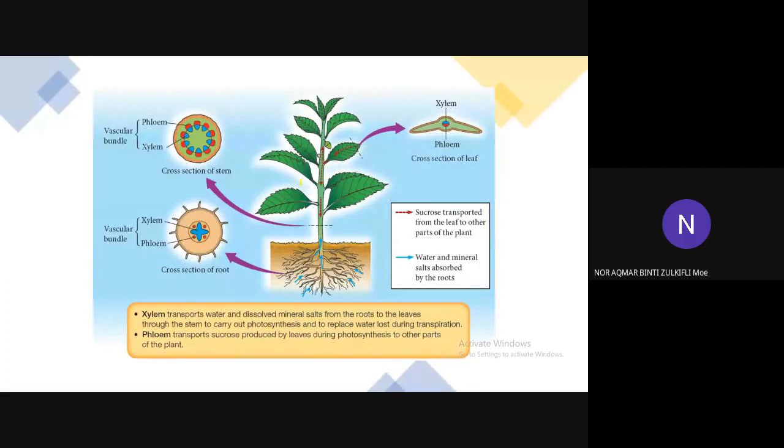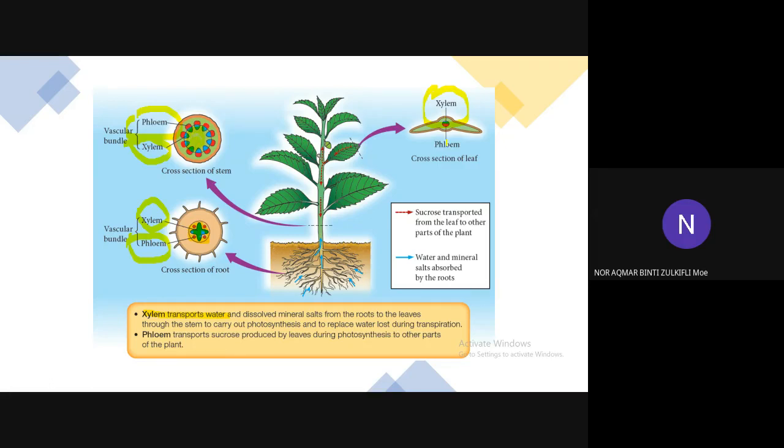Okay, the structures that are very important in the transpiration process, you must know, are the phloem and xylem. Okay, how to memorize this? The main transport in plants is water, right? So you must remember xylem transports water. So xylem water, it is located in the middle of the plants.